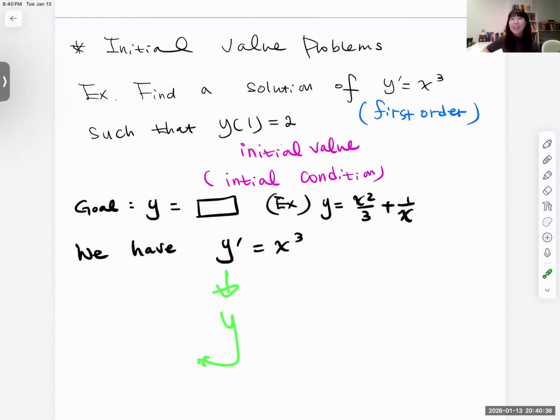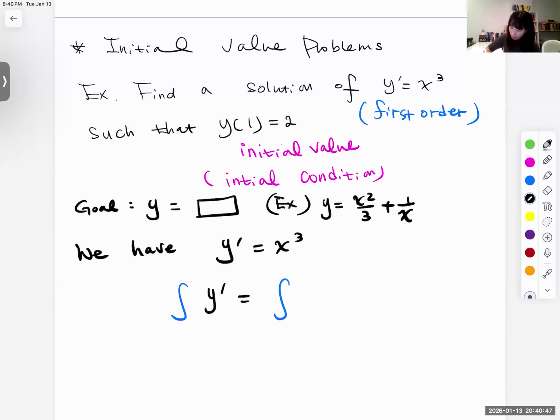Very good. So we do the antiderivative, right? So that will be on both sides. So y prime equal to x to the third power dx. So what do you get? The left side will be y. Good. Now y equal to the antiderivative, right? So reverse from the derivative.